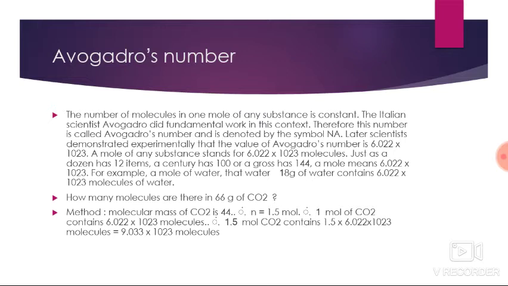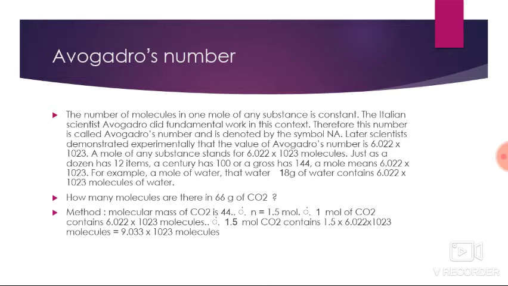You don't have to multiply the 10 raised to 23. Keep it that way only. So for 66 grams of carbon dioxide, we first took the molecular mass. We then found out how many moles are there in 66 grams of carbon dioxide, and we got 1.5 moles.